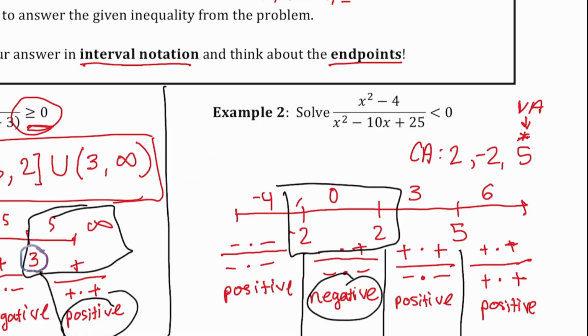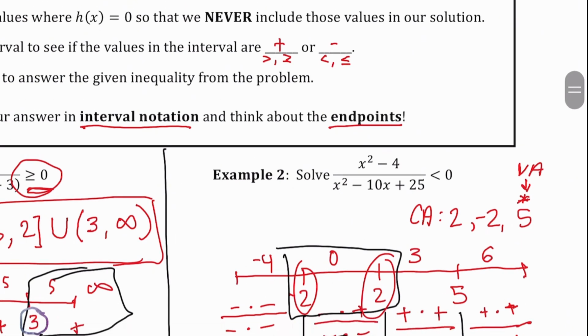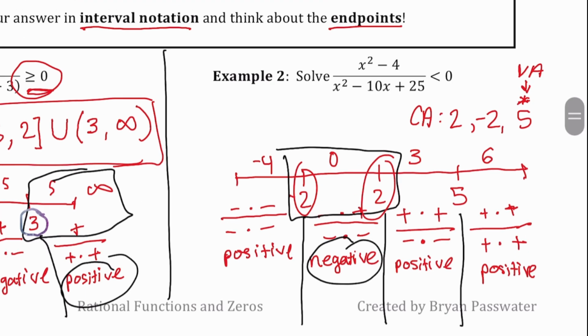We can include these two because they're not the vertical asymptote, but they would only be allowed to be included if this said less than or equal to. Because it only says less than 0, we're not going to include those numbers. But I just wanted to tell you guys that they are not vertical asymptotes. So we're not including, so that's an open bracket. So it's negative 2 to 2. And that should be our answer.